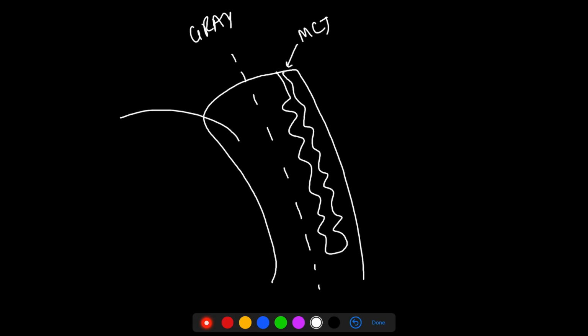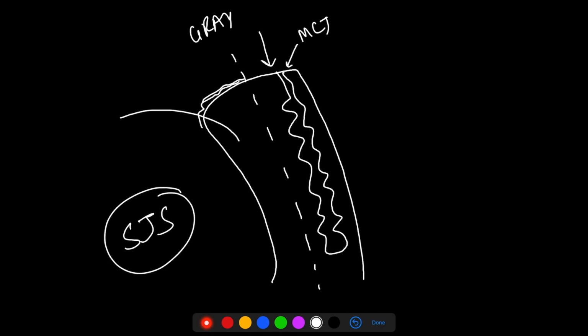We have talked about how the epithelium over here over the skin has keratinization, but over here it does not. But in certain pathological conditions like SJS, it might get keratinized, and then it can cause keratopathy because it will be rubbing on the cornea and can cause permanent damage to the stem cells as well.